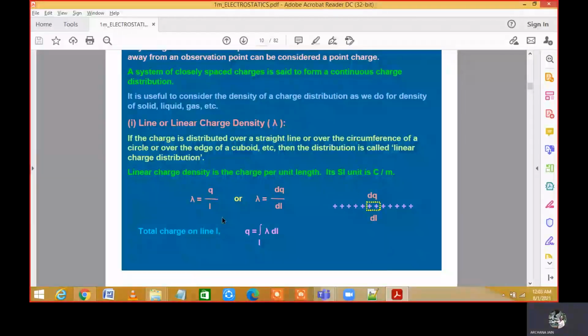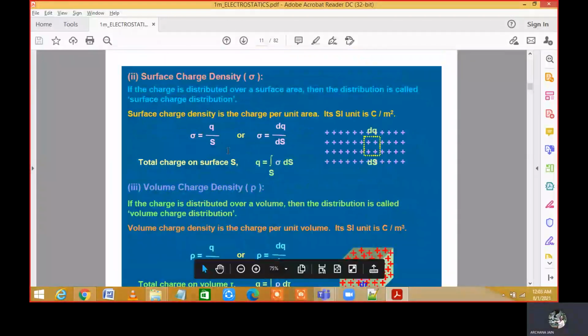Now come to next, that is surface charge density. Surface charge density is represented by sigma. If the total charge on the surface is Q and the surface area is S, then surface charge density is total charge divided by surface area. Sigma is equal to Q over S, right?